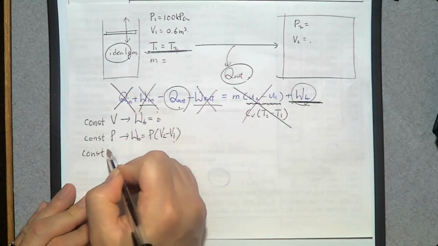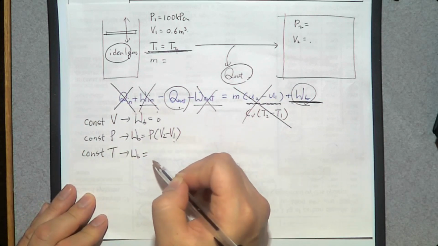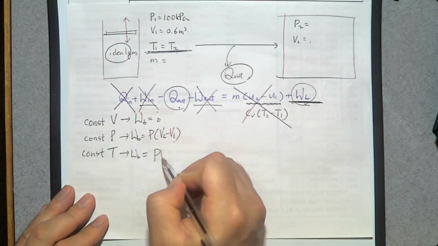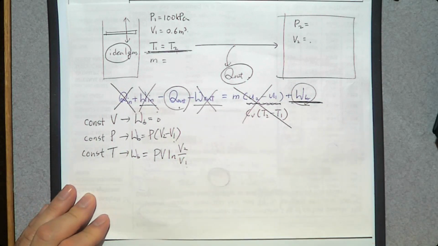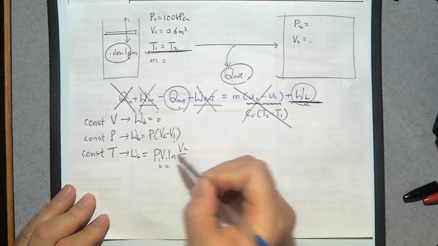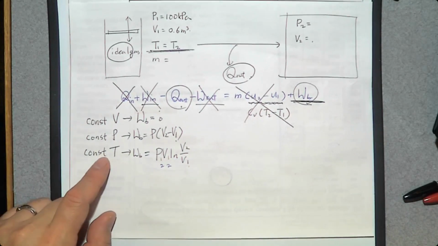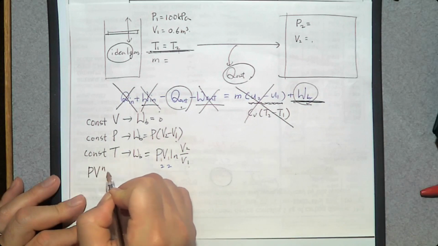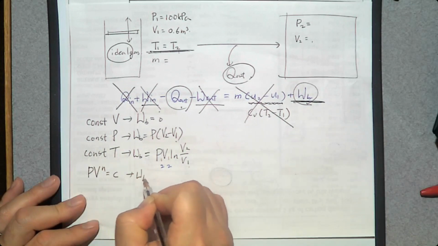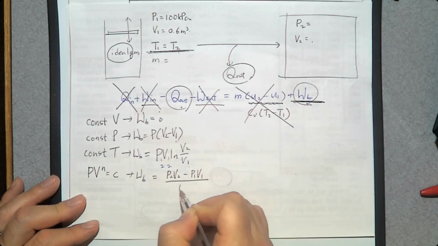When you have a constant temperature process, moving boundary work is PV natural log V2 over V1. This PV can be either P1 V1 or P2 V2 because P1 V1 is the same as P2 V2 when you have a constant temperature process. And finally, for a polytropic process, moving boundary work is (P2 V2 minus P1 V1) over (1 minus n).